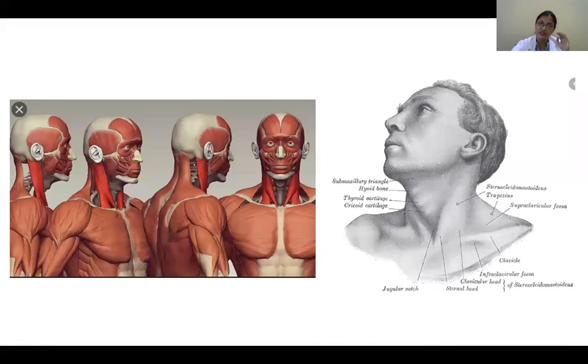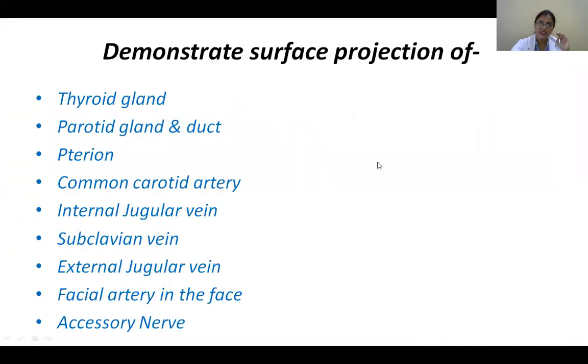So there are certain structures here. This is what is actually expected, the minimum that you should know. There are quite a number of things which you should know, but these are the minimum. That is the thyroid gland, because one of the most common conditions is the goiter. Then you have the parotid gland and duct. And then the pterion, if you remember the osteology part, norma lateralis. Then the carotid and internal jugular vein, which are your important vessels coming from your arch of aorta.